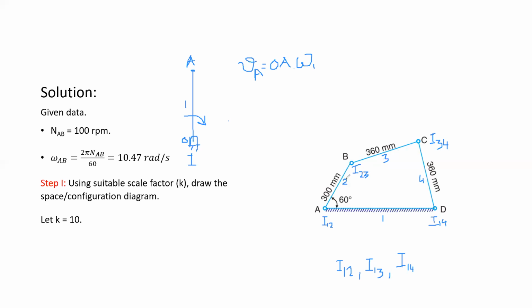So one can say it is a common point. Point B is the common point of link 2 and link 3. So point B is on link 2 as well as on link 3.